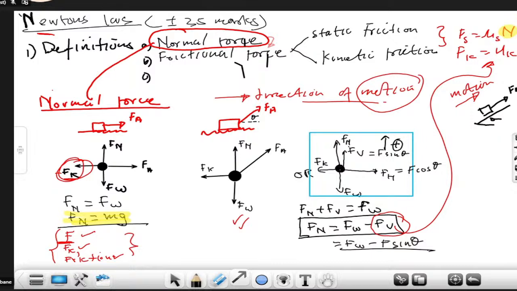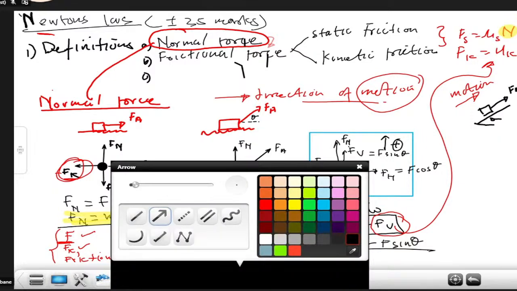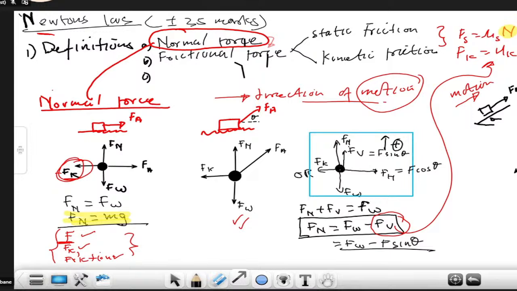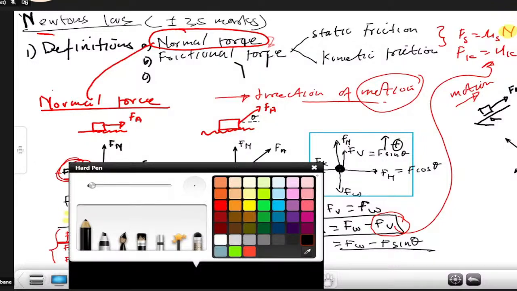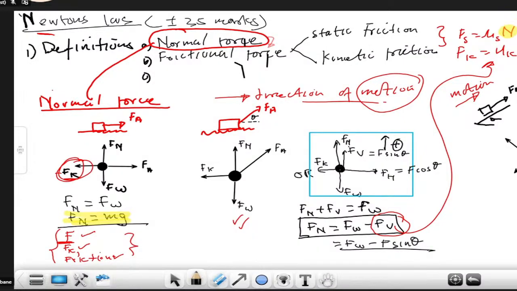Let me have my force also moving up there, which is the force of friction. And I have my normal force, which is defined as a force that acts perpendicular to the surface. And then I am going to have my Fw, which is acting downwards. Easy 4 marks. Also, F applied, F normal, Fw, and Fk. Easy 4 marks.